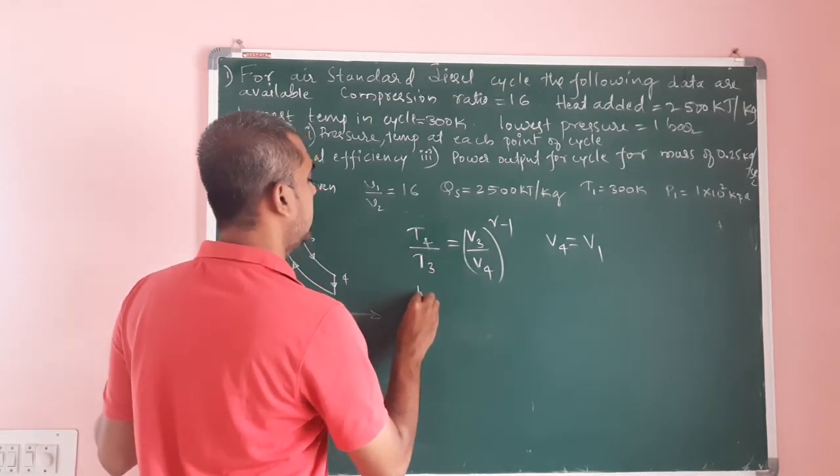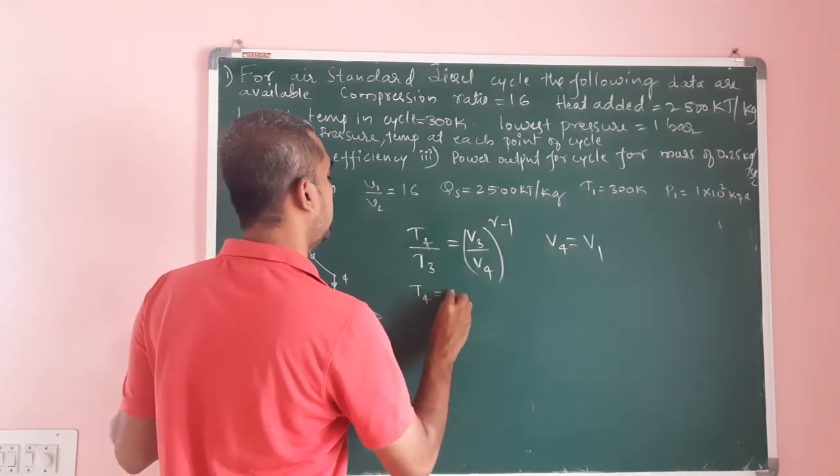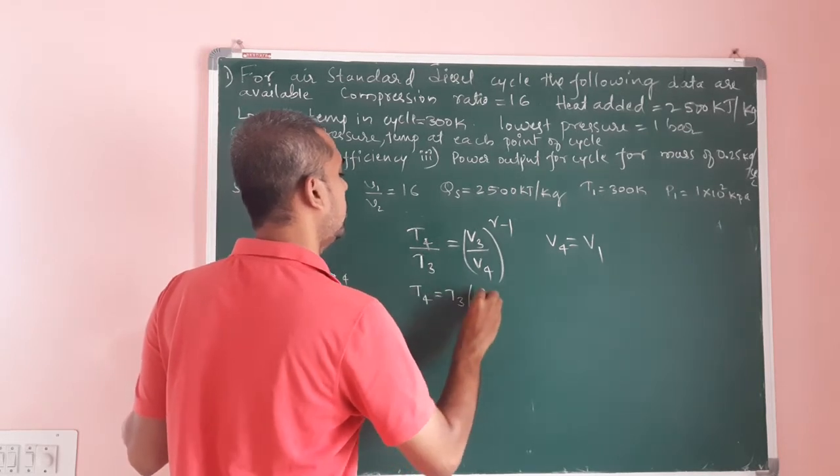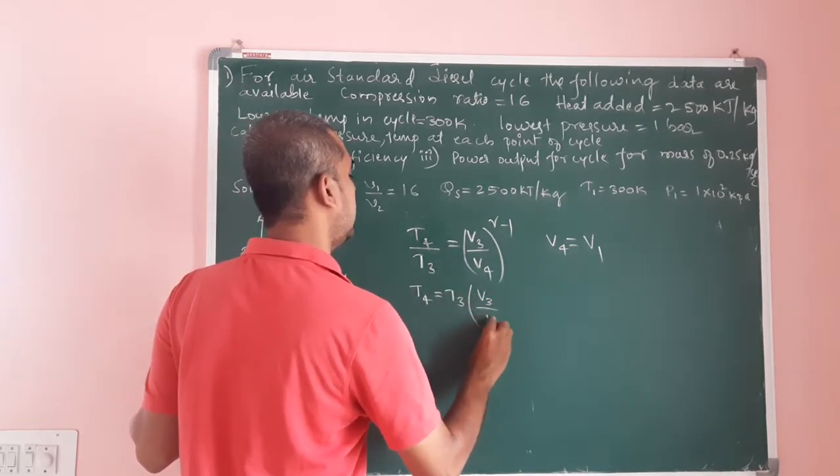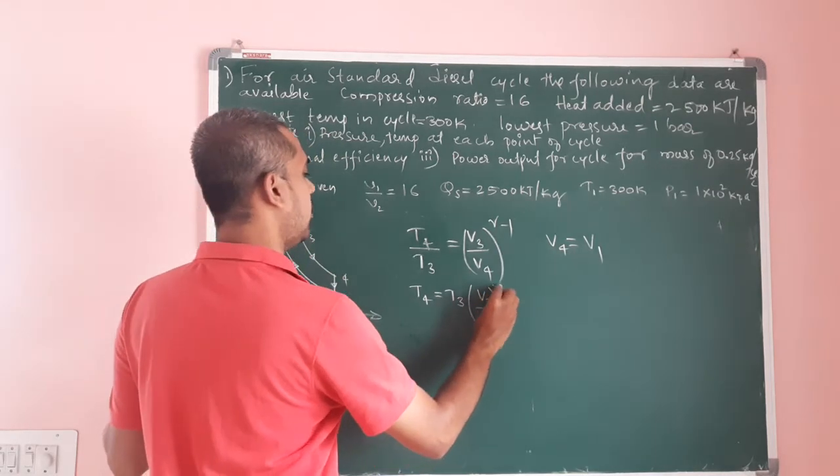Therefore, I can write T4 equal to T3 into (v3 divided by v1) raised to gamma minus 1.